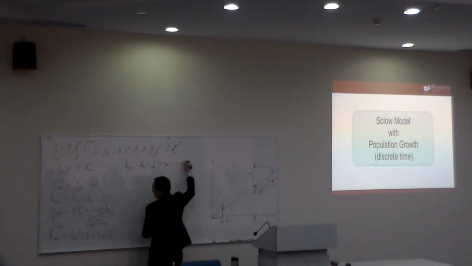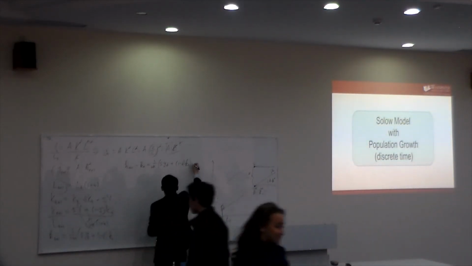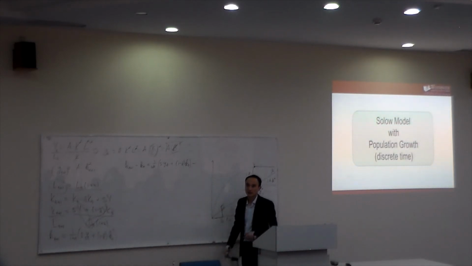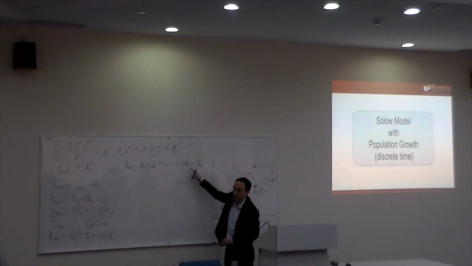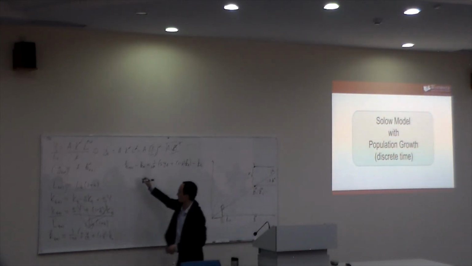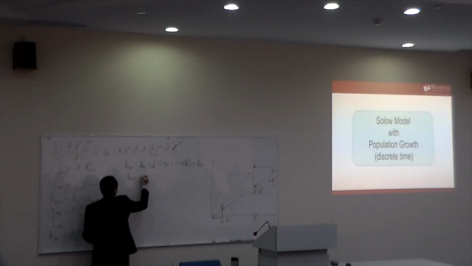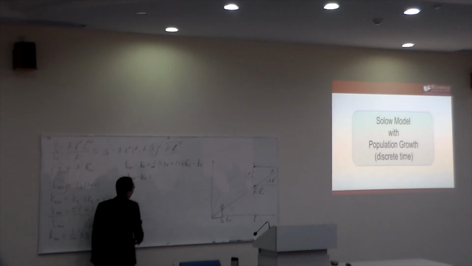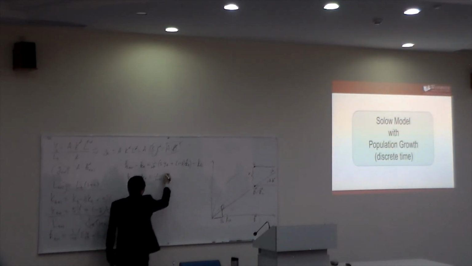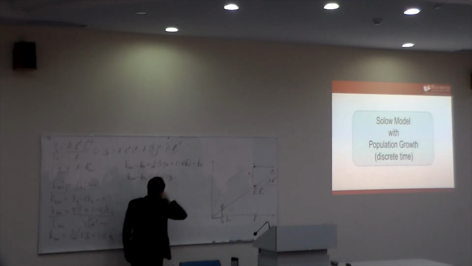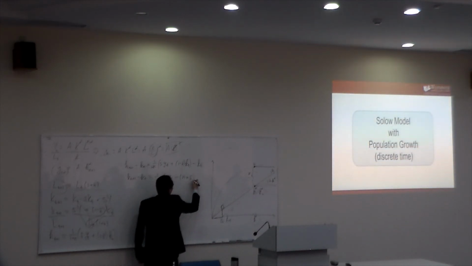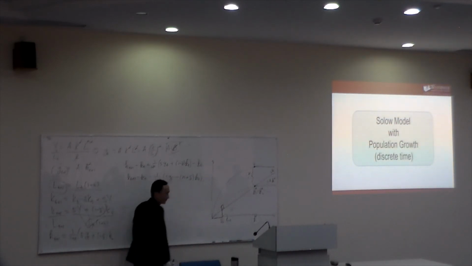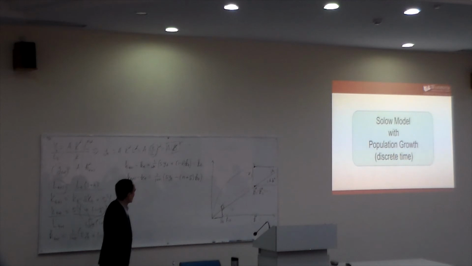Now, if you simplify, you will get k_{t+1} minus k_t is equal to 1 over (1 plus n), saving rate times y_t, then minus (population growth plus depreciation) times k_t. Okay? You will get this one.